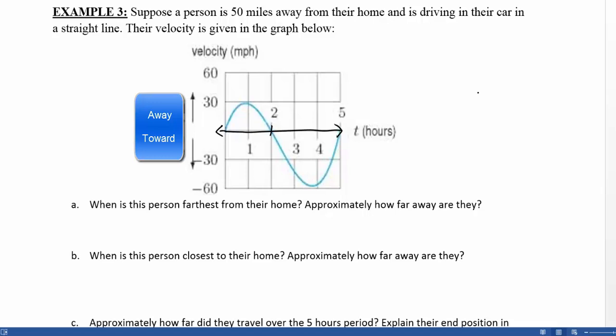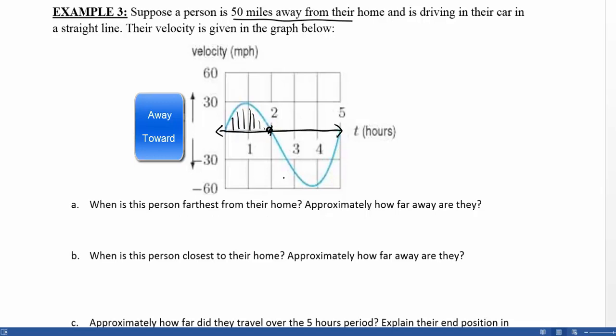So here, I started 50 miles away from my home, and my distance kept increasing further and further away until time equals 2. Notice that my velocity here changes from positive to negative. That tells me that my original function was increasing and then decreasing. So I'm going to have some sort of maximum, either local or global. That means it's going to be when I was the farthest from home, because the original function is position.